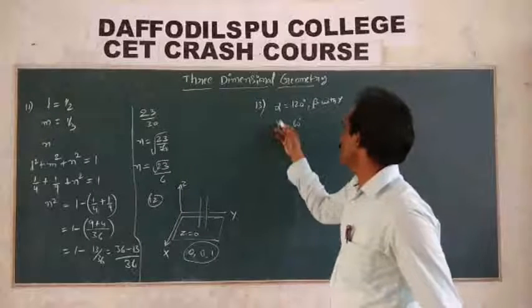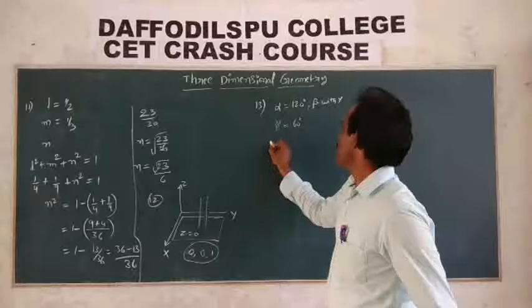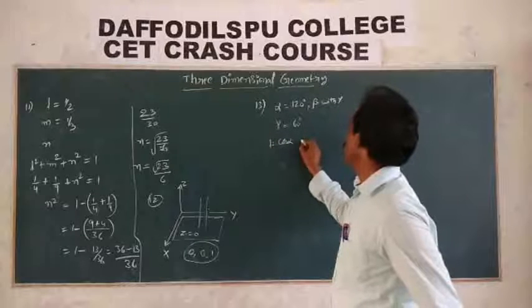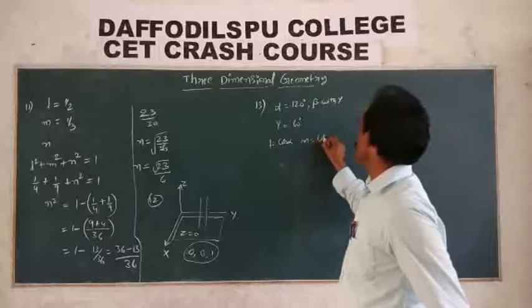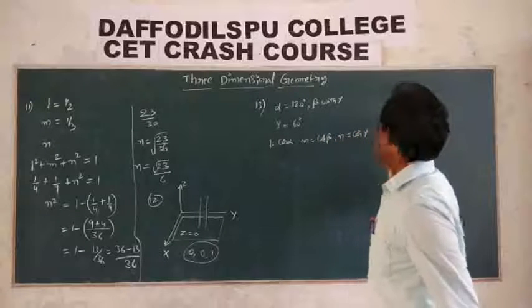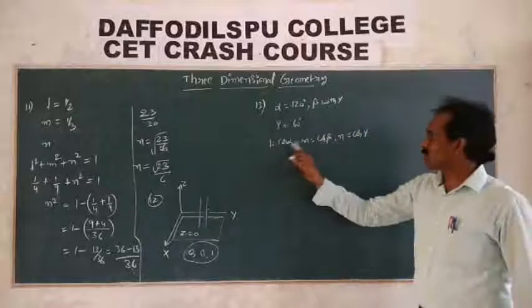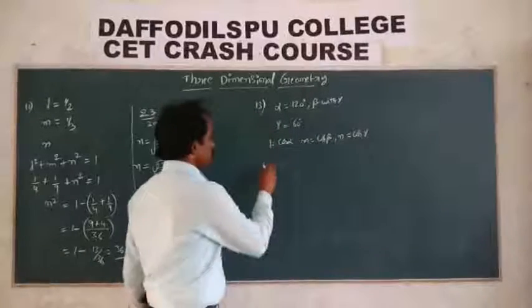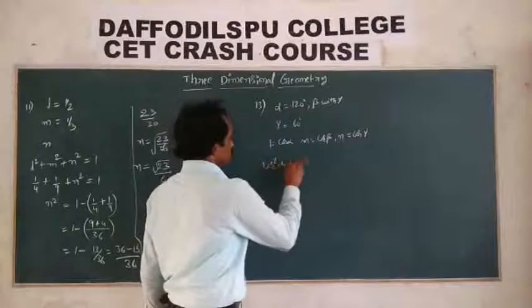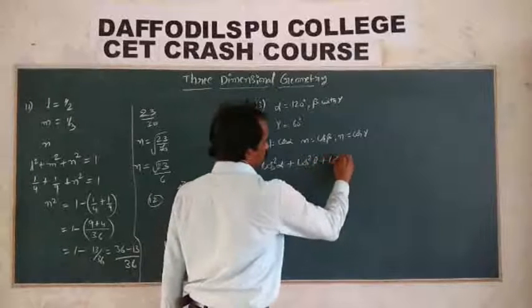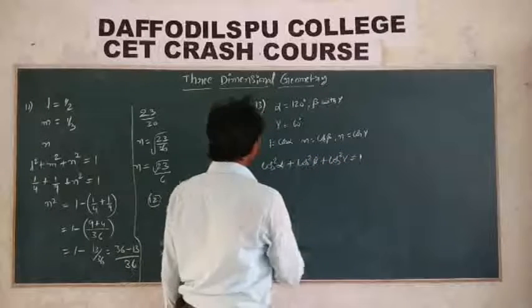We know the relation. Apply l equal to cos alpha, m equal to cos beta, n equal to cos gamma. We know the relation l square plus m square plus n square is equal to 1. So cos square alpha plus cos square beta plus cos square gamma is equal to 1.